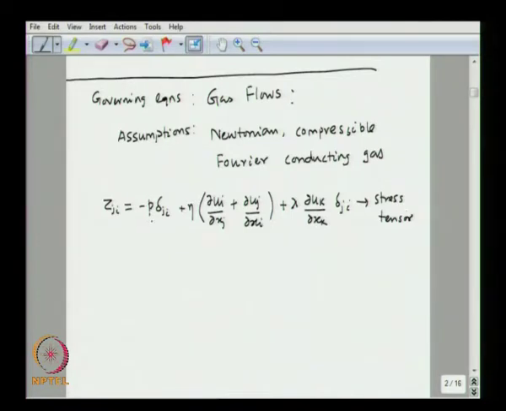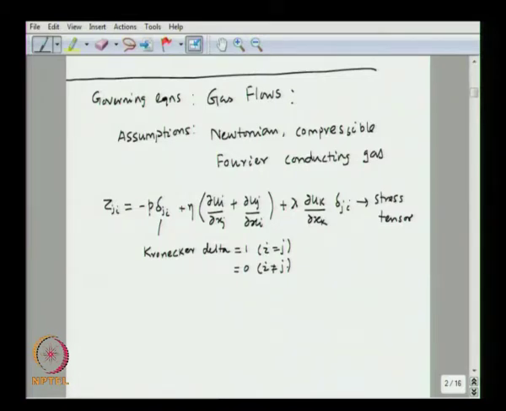We know what P is, pressure. This is called the Kronecker delta function, and this will be 1 only when i equals j, and will be 0 if i is not equal to j. Eta is viscosity, and we know all other parameters here.